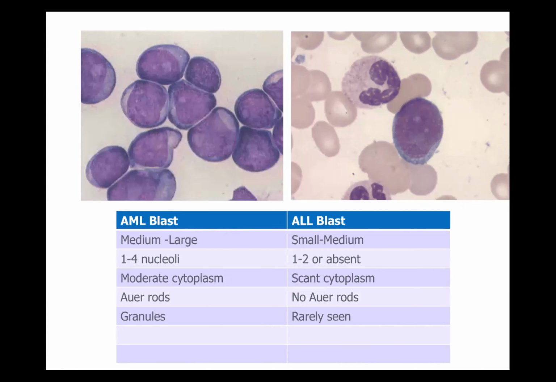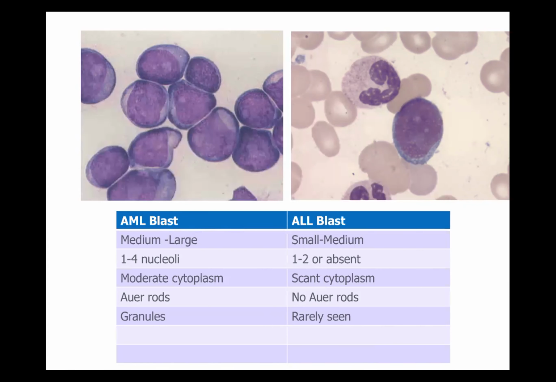Okay, so in order to separate myeloblasts from lymphoblasts just by morphology, the only thing that can tell you for sure that this is a myeloblast is the presence of an Auer rod. Otherwise, they are all soft signs, and you shouldn't commit to one type of blast just by looking at it if you don't see an Auer rod.